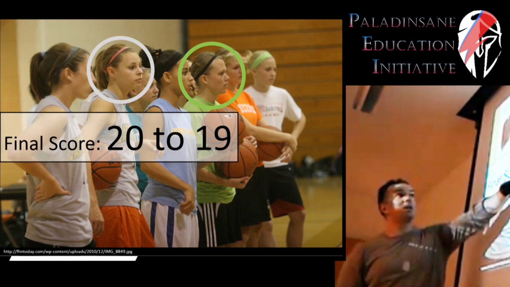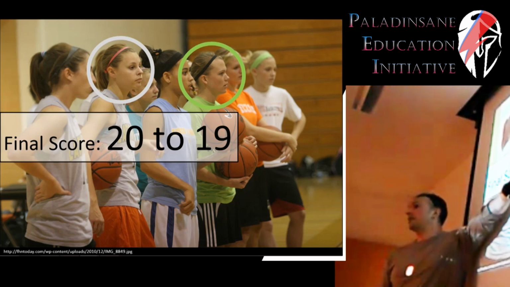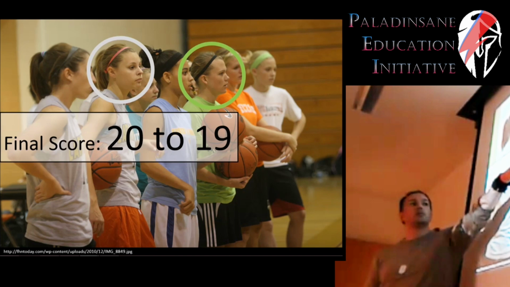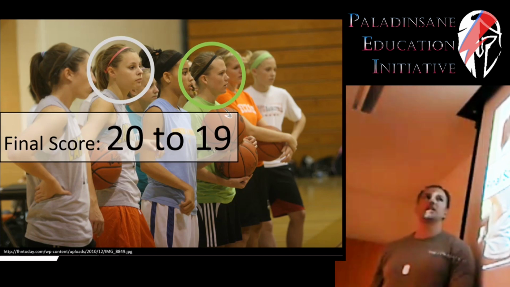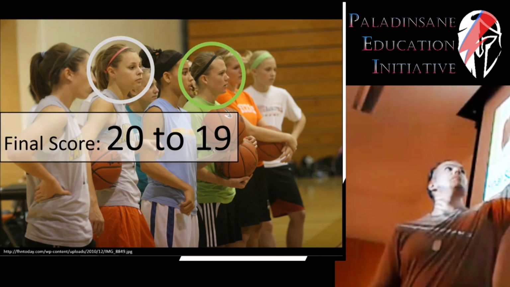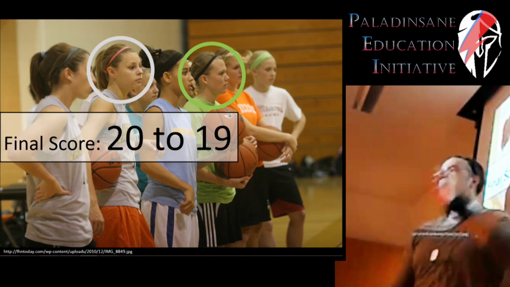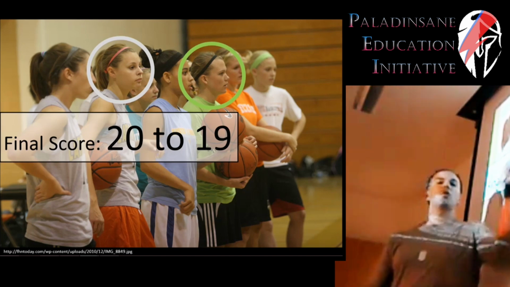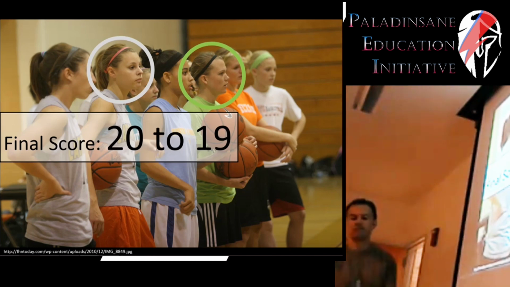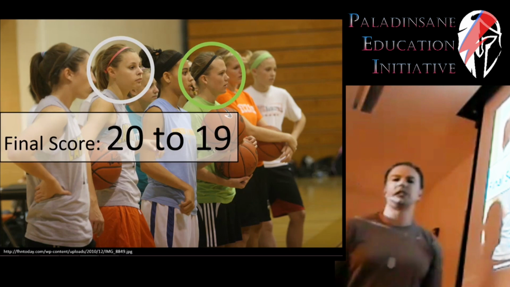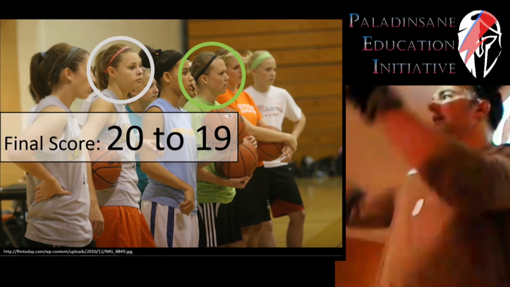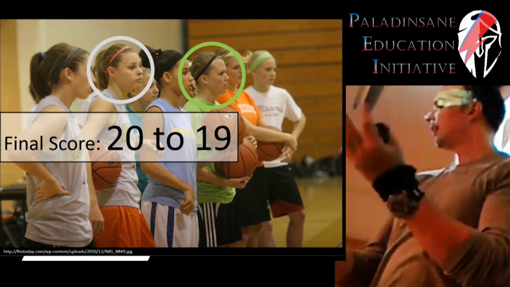So even though this is a bigger score, we've known that since elementary school, 20 is bigger than 19. Inferential statistics tells us that what it's measuring, their basketball skill, is no different, that the score is just due to chance. Now the last thing that inferential statistics takes into account is the reliability of the scores.